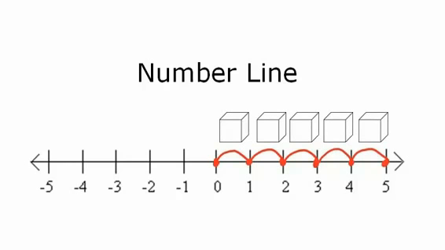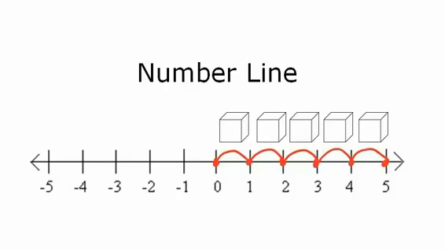Let's say that we want to find where the fraction 2/5 is located. We know that fractions tell us parts of a whole over the total of parts in that whole. So 2/5 is telling us that we are thinking about 2 parts out of 1 whole that has been broken into a total of 5 equal parts. That means that 2/5 has to be bigger than 0 but less than 1.